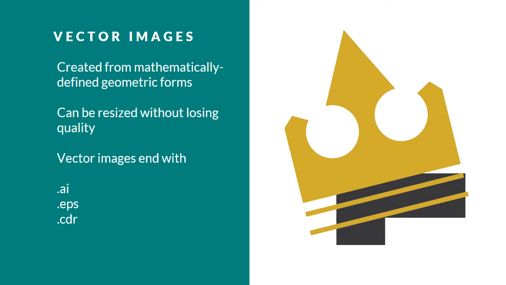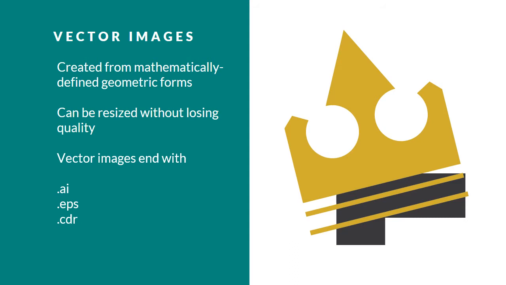Kindly note that if you do not own a vector editing software, you will most likely not be able to open these files since vector images are mostly used by designers and special software is required to access these files.